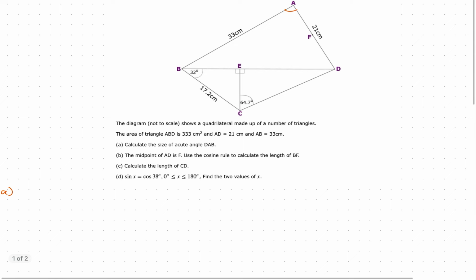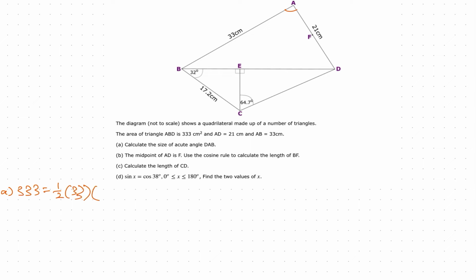Using this, we can use the area of a triangle to help us out. So working backwards, 333 equals half times AB times AD times sine of the angle, where AB is 33 and AD is 21, and the angle is DAB, which is what we're trying to find.